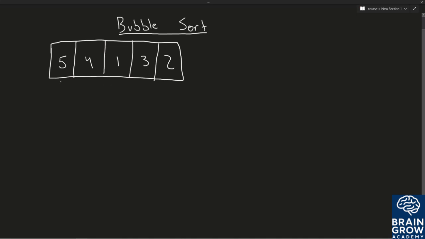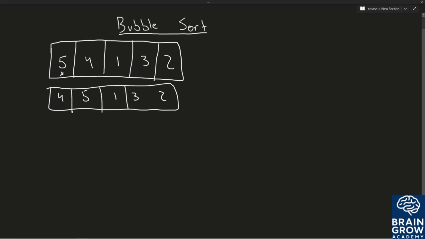So we see here, we'll start at 5, index 0, and we see that our adjacent value is 4, so now we can swap 5 and 4 and then leave the rest of them the same. And we're still on value 5 because we have not iterated through the entire array, so now we're going to swap with value 1 because 1 is less than 5. So now our array is 4, 1, 5, 3, 2.